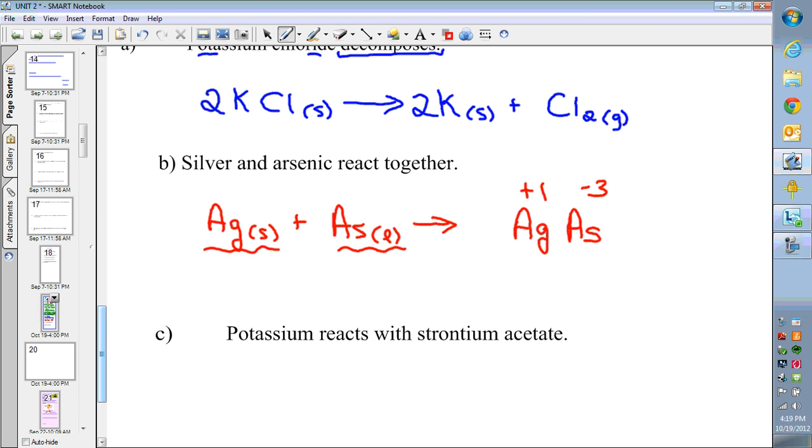So silver arsenide is the compound, and you'd need 3 silvers to bond with 1 arsenic ion. So we have Ag3As. Now that we know those numbers, we see that we have 3 silvers on the right-hand side. We need 3 silvers on the left-hand side to make that work out.